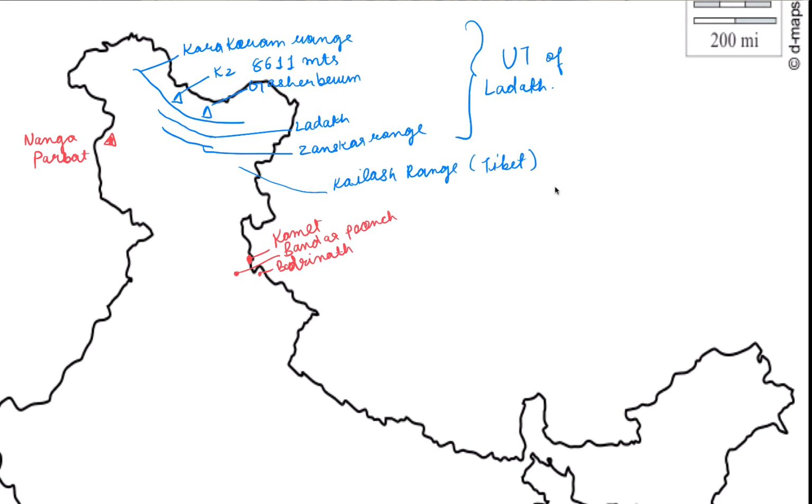Please excuse my handwriting. There is Kedarnath right here. And then there are two more important peaks. One of them is Nanda Devi. And then there is Trishul.